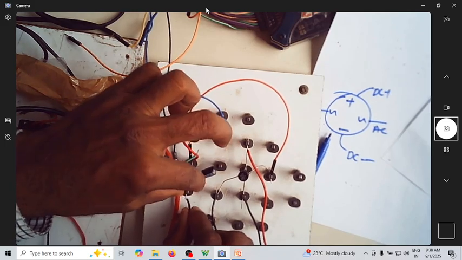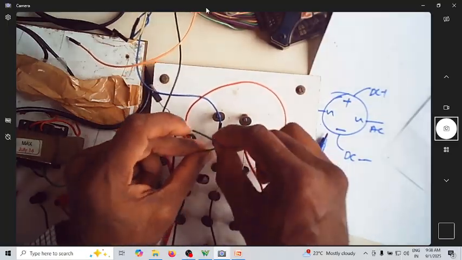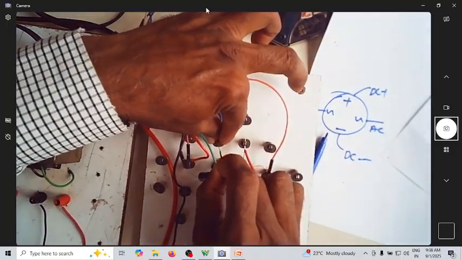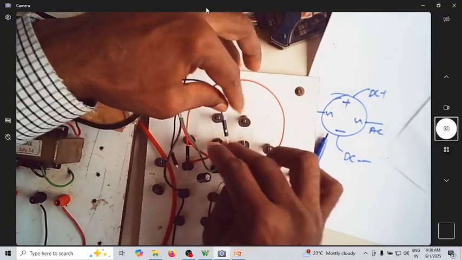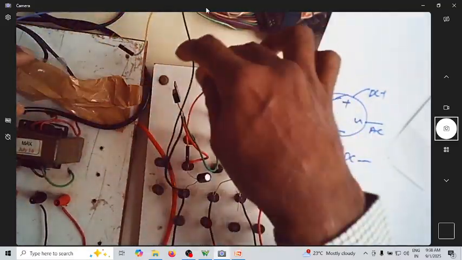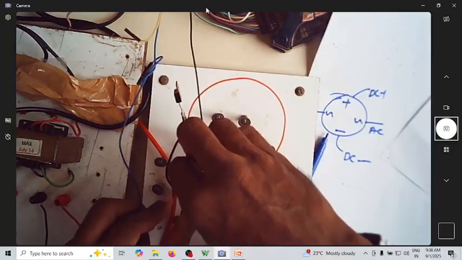This is connected here. Now this is the output point where I'll be seeing the output. Fine. So this is perfect. Let me see the input and output.